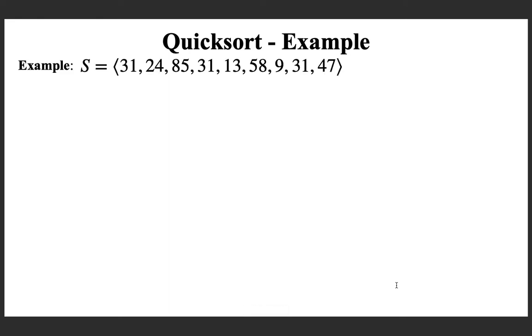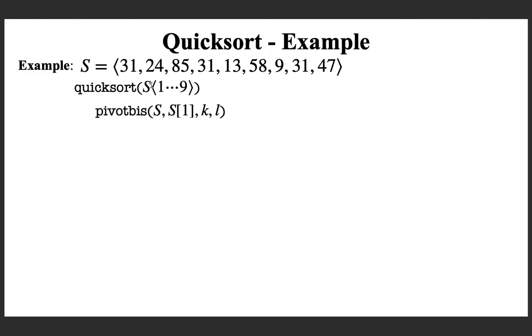Suppose we are given a sequence of 9 numbers like this, and initially you apply quicksort on the sequence from 1 to 9, and then you call the procedure that we discussed in the previous lecture, pivot bis, with S as the sequence and the first element of the sequence.